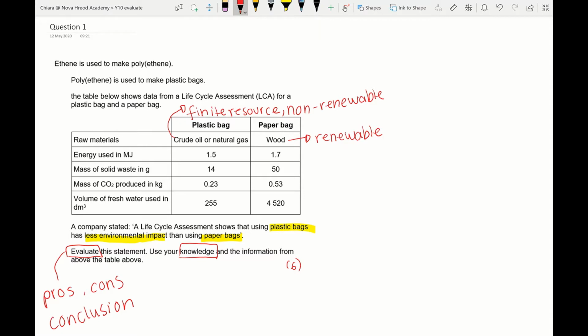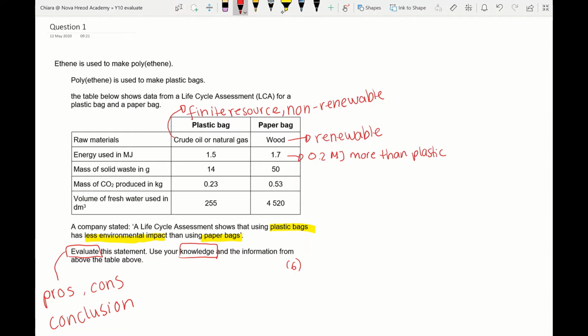Okay, so let's have a look at the second part. So energy used in MJ, so megajoules. A plastic bag uses 1.5 megajoules of energy to be produced, whereas a paper bag uses 1.7. So actually, a paper bag is using 0.2 megajoules more than a plastic bag.